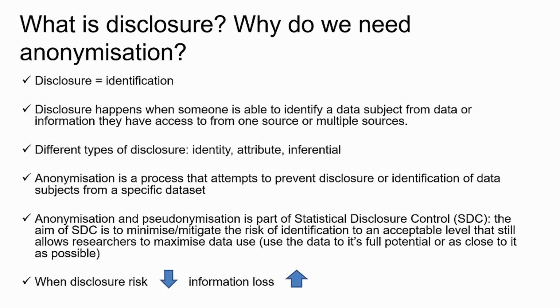When we start to strip identifying information from data, then arguably we're also having some information loss. So we're trying to find the balance between keeping as much utility in the data as possible for future reuse, while also trying to minimize and mitigate the risk of identification. Okay, I think that's it for this slide, Maureen, if we're ready to move on.